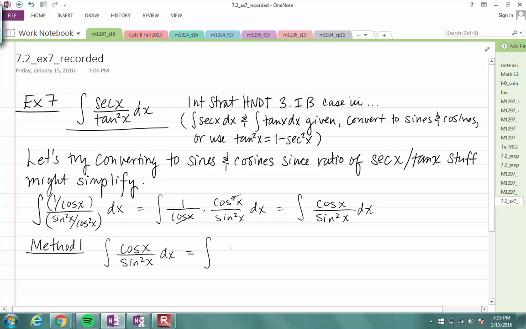That being 1 over sine times cosine over sine. And if you have the order different, that's fine. But getting at the fact that what you have here is cosecant times cotangent. And that's on the formula sheet.